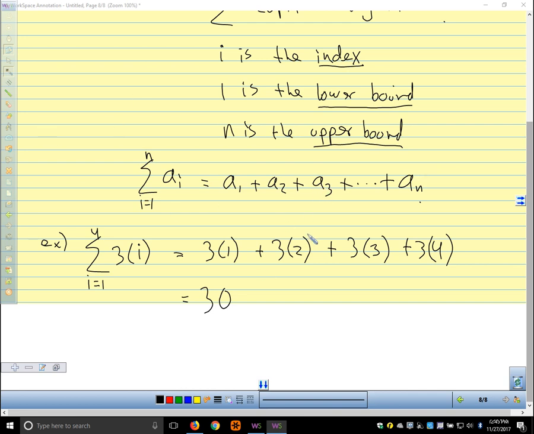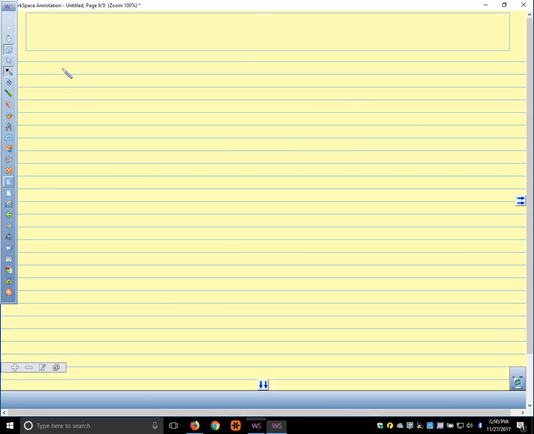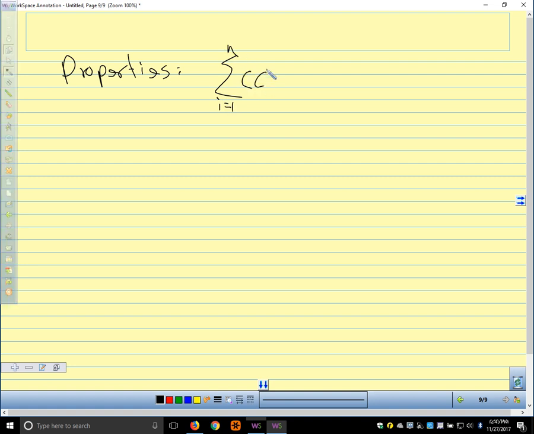A couple of properties of sums. Did you have a question, or were you just gesturing? Okay. If we have a sum of a term multiplied by a constant, we can factor that constant out.